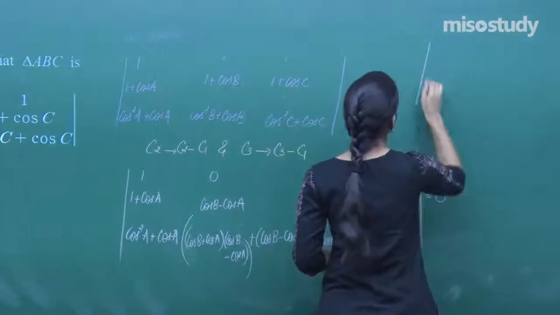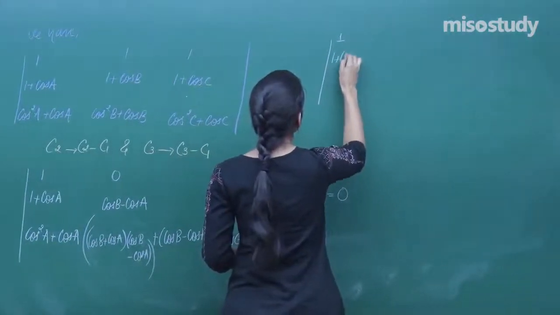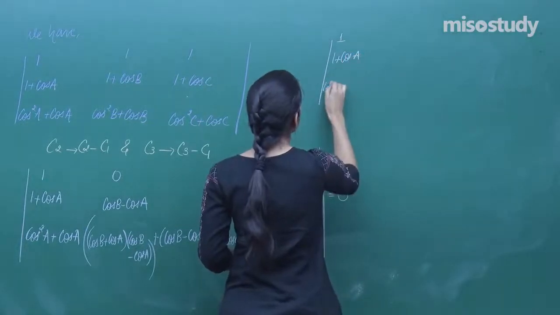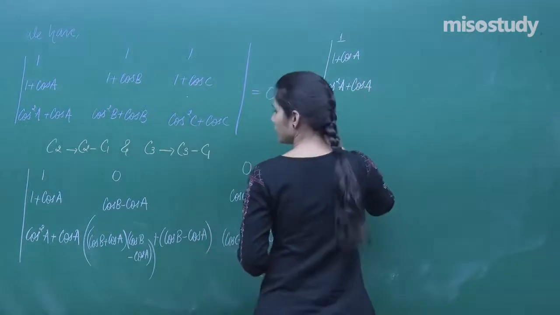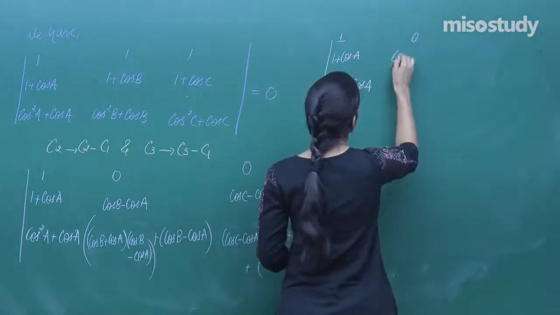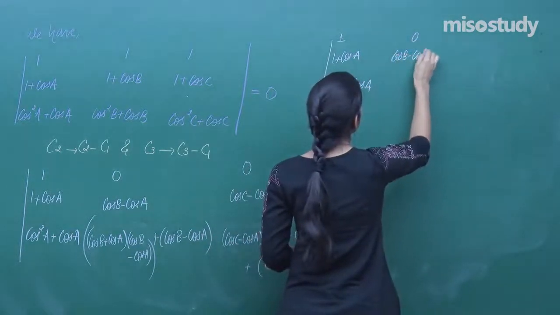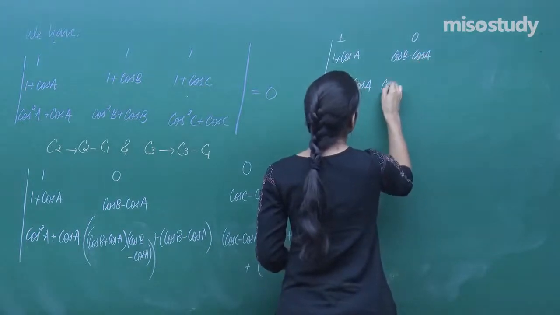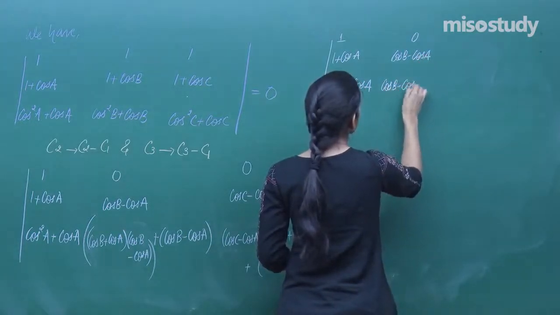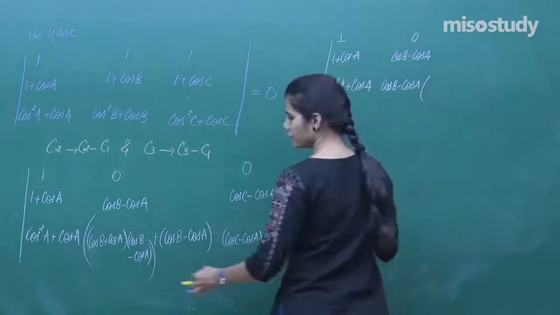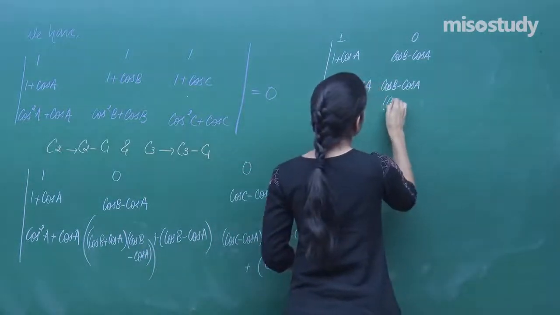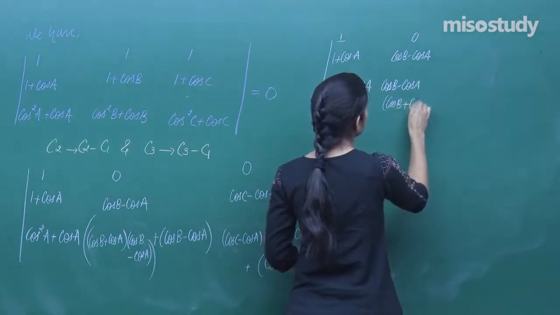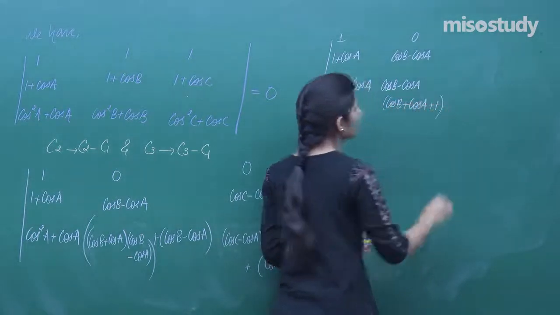I am having 1 plus cos A, cos square A plus cos A. Here you have 0, cos B minus cos A, and here again cos B minus cos A common. Inside you have cos B plus cos A plus 1.